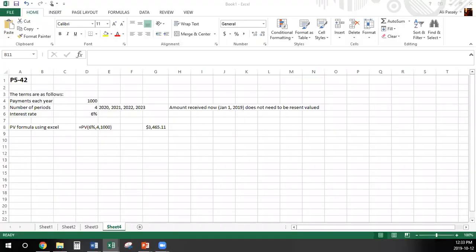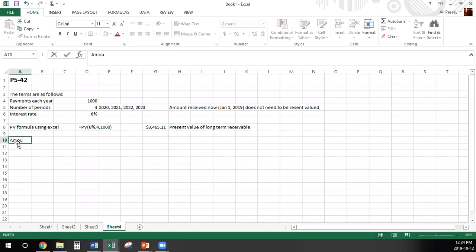So in this case, we know that this $3,465 is the present value of the receivable portion. So that answers one part of the required. This is the present value of the long-term receivable amount.